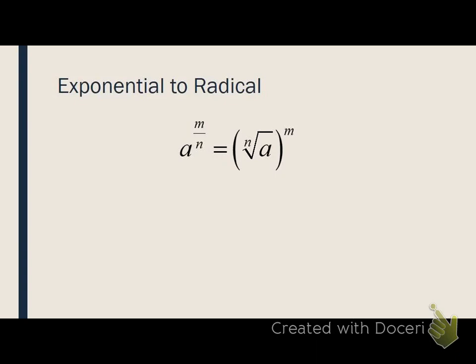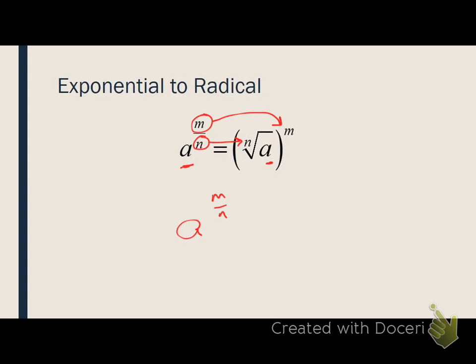The way this works, the base of your exponent becomes the radicand of your radical. The denominator of your rational exponent becomes the index for your radical. And then the numerator of your fraction exponent turns into the power that we're going to raise the entire radical to, right? So it becomes sort of a switcheroo kind of deal, right?